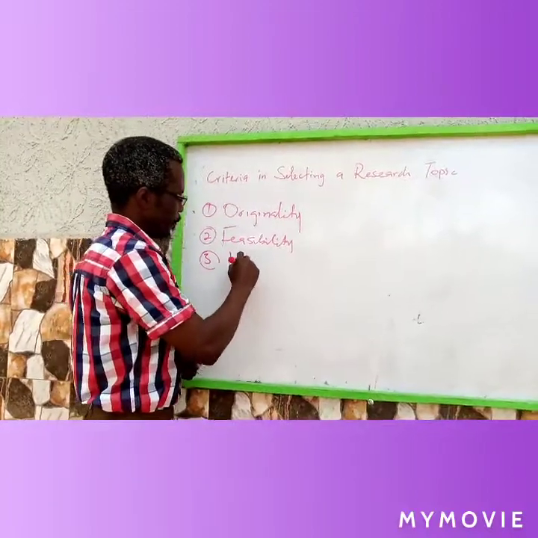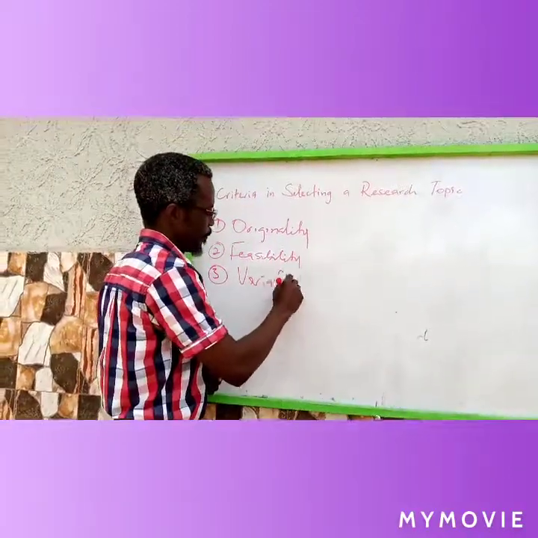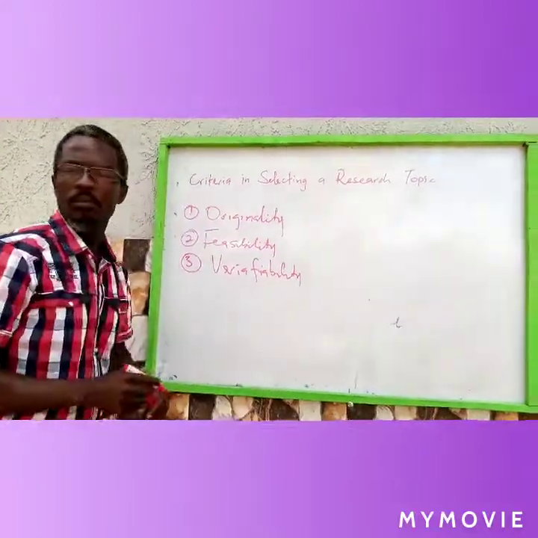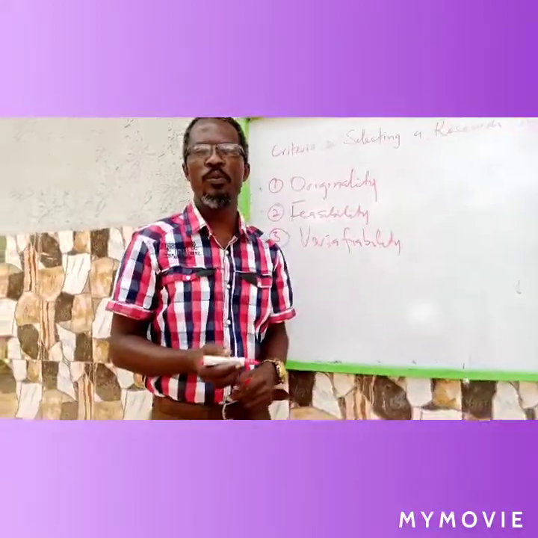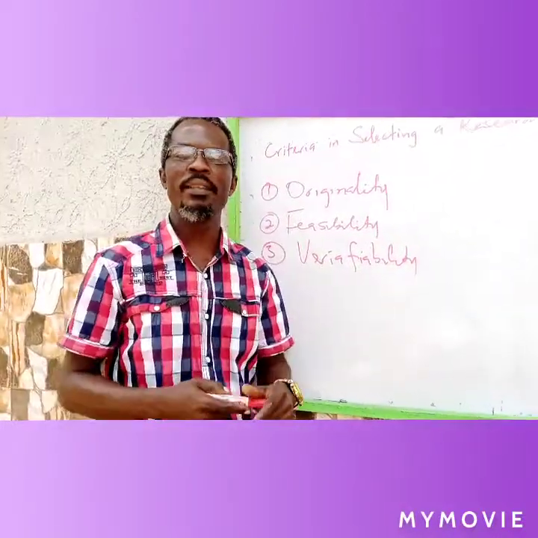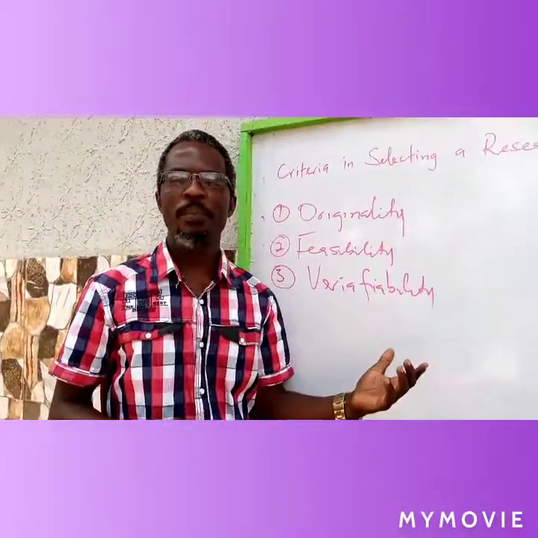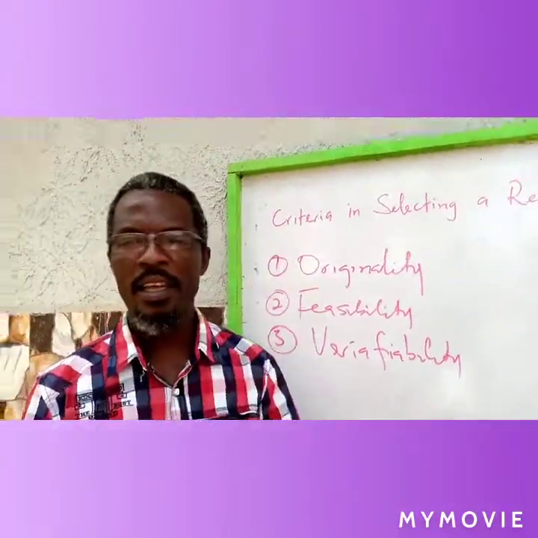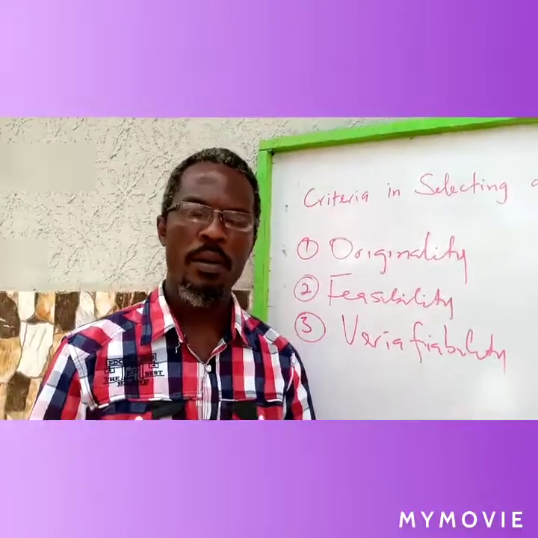Another one is verifiability. Your work, you should be able to verify your work. Another person, an independent researcher in an independent location, should be able to verify and confirm your work.